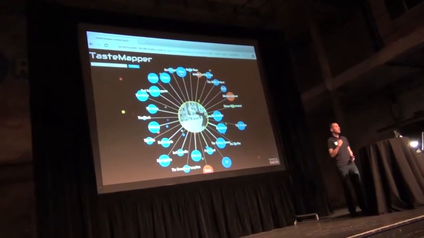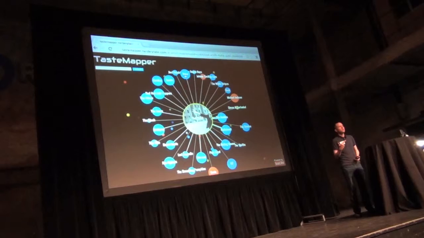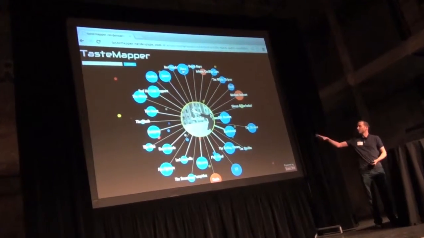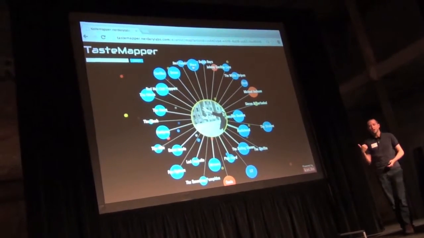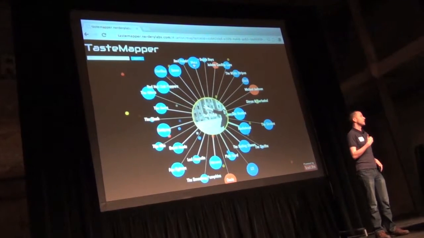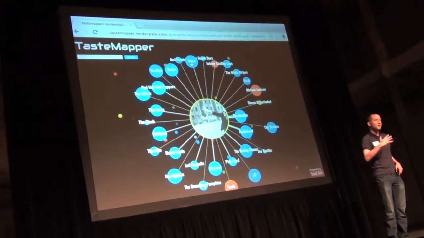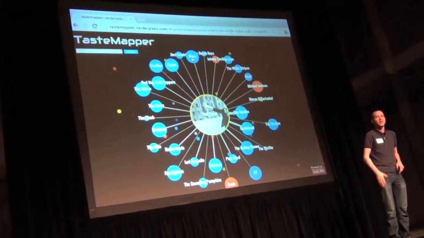Number one, we had to mine the data. Number two, we had to analyze the data. And number three, we had to put it all together into a visualization. So number one, we had to find a really good data source. It's really hard to find a good data source of public music information that's consistent and is really good data.